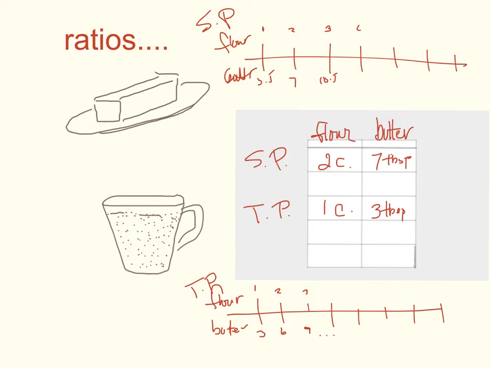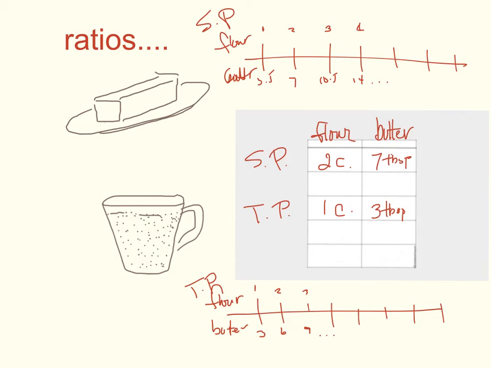And if I kept going with this, then I add another 3.5, that would be 14, etc. And of course down here you can see that I could do the same thing. So I could always be comparing the two by having a unit rate for flour, which is 1, and looking at it this way.